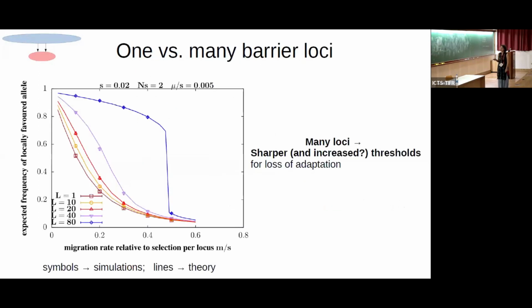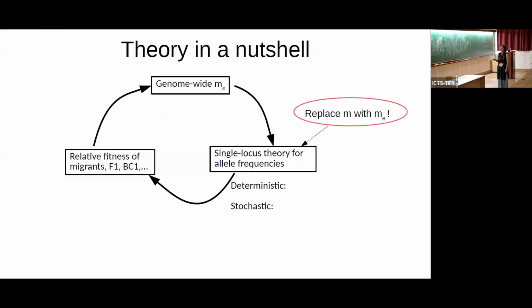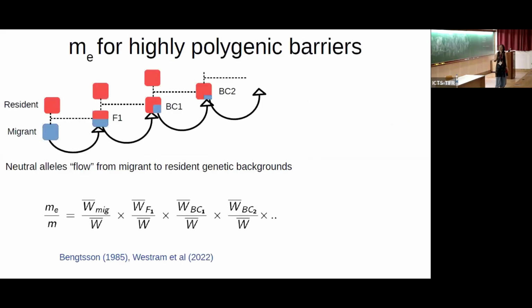So this thing that I said here, that replace M with ME, it sounds a bit ad hoc, and of course one can ask, when does it work? When is it justified? So this replacement is really justified when these kind of associations that we are talking about, that there's a neutral allele, it's on a migrant background, it ends up on an F1, and so on.